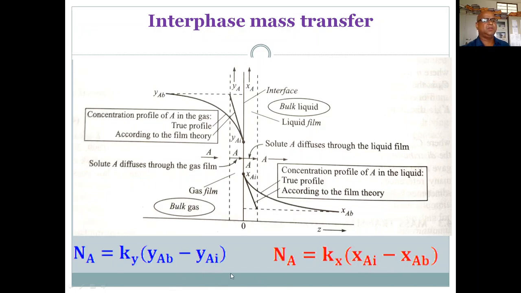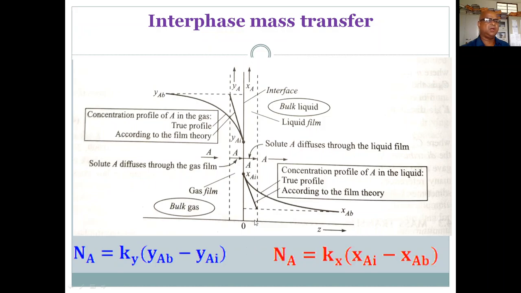If I can calculate either of these, then I can calculate the flux for the system. And in this case, definitely this NA, the flux from the gas phase side, will be the same as this NA, because however many moles transfer from the gas phase to the liquid, the same will arrive here. So the flux, in kilomoles per meter square second, will be the same.